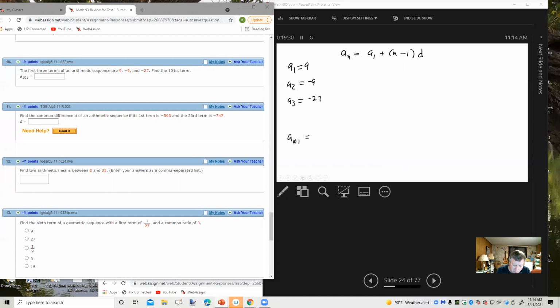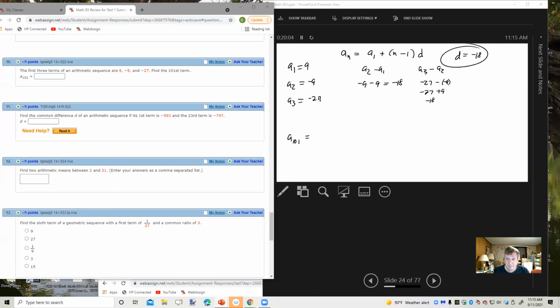We could find the common difference by taking any term minus the previous term. So a2 minus a1 is -9 minus 9, which is -18. Just to make sure, let's take a3 minus a2. That's -27 minus -9, which is -27 plus 9, which is -18. So the common difference is -18.